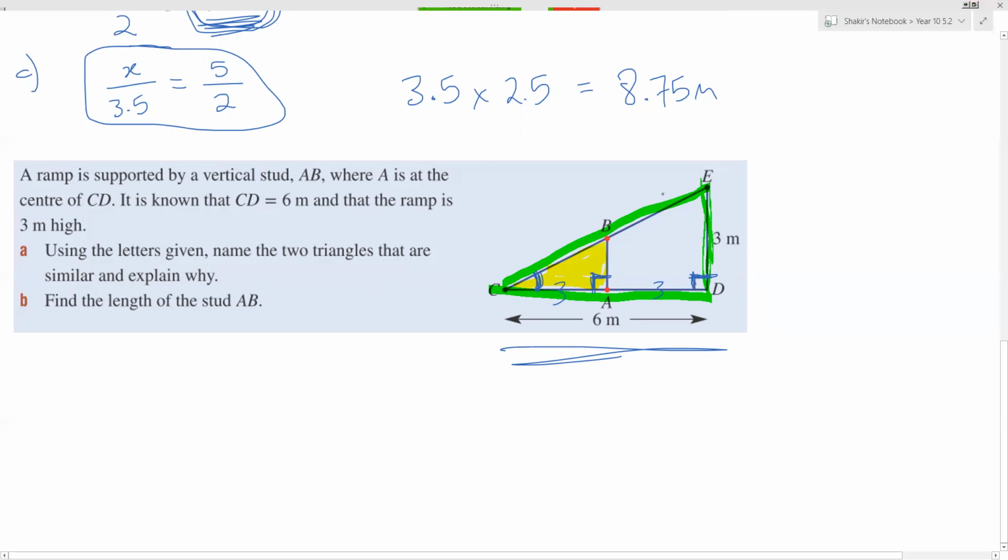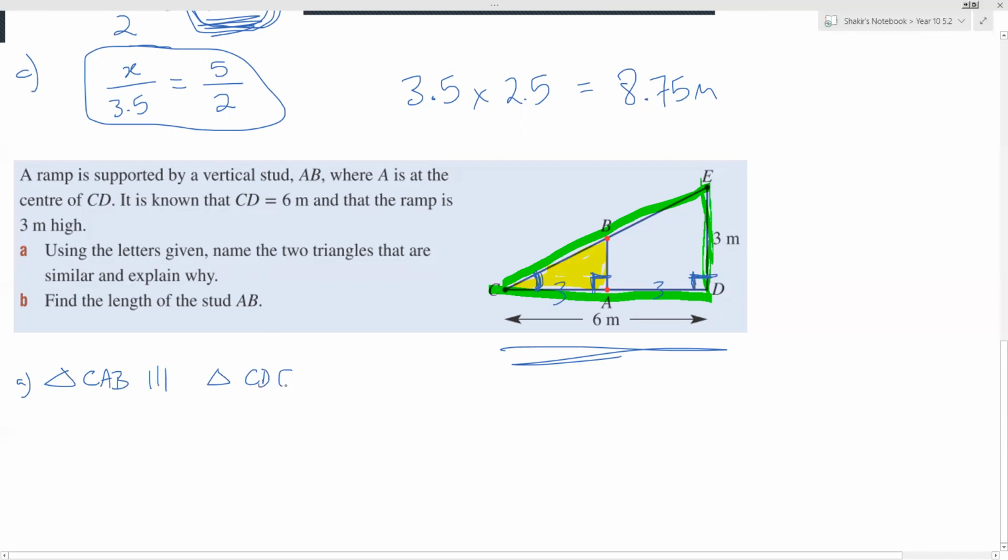Using that as given, name the 2 triangles that are similar and explain why, using the letters given. So let's do CAB. We're doing part A: triangle CAB is similar to triangle CDE.